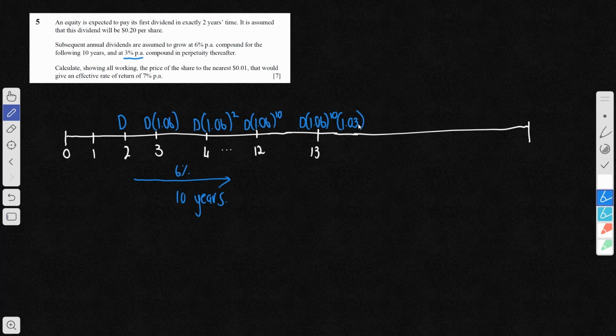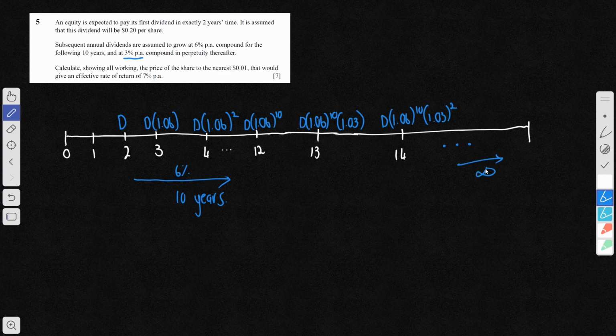So by now you should be able to work this out quite easily. The dividend that you receive at time 14 includes the 6% growth for 10 years as well as growth of 3% for 2 years. Remember, these payments continue in perpetuity.